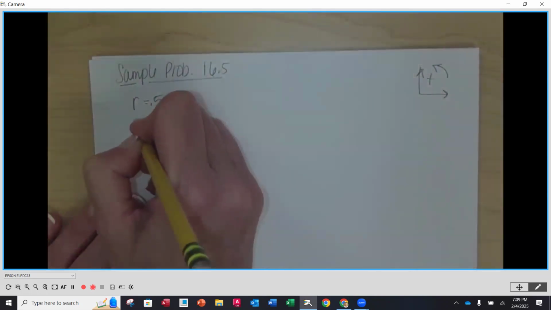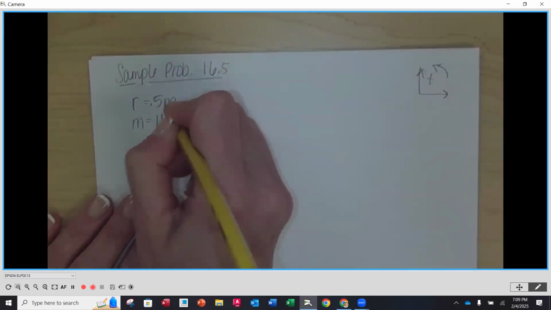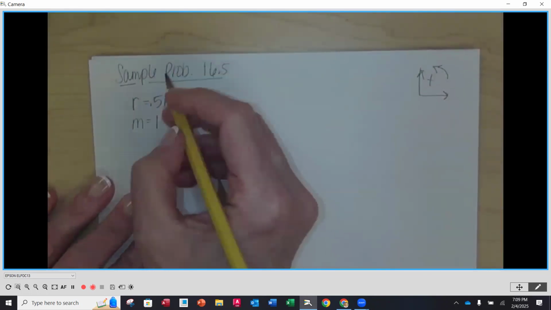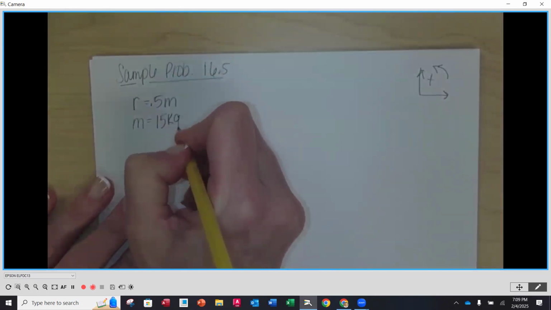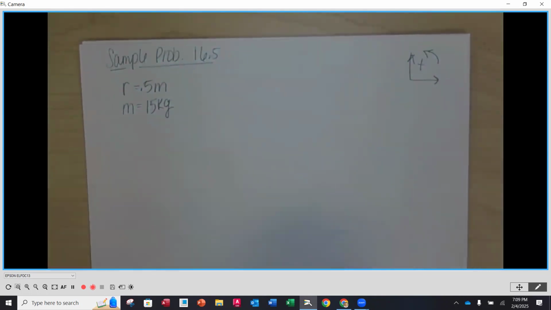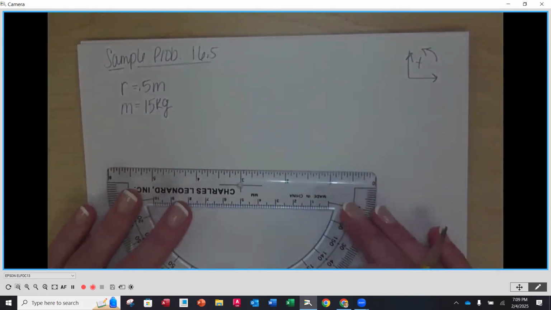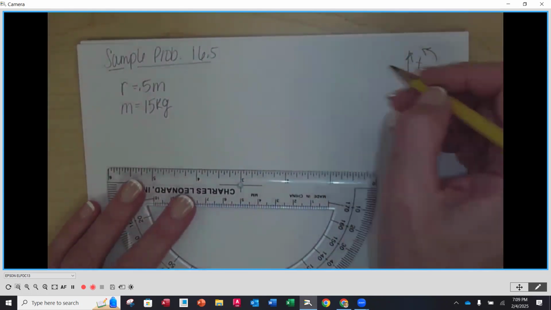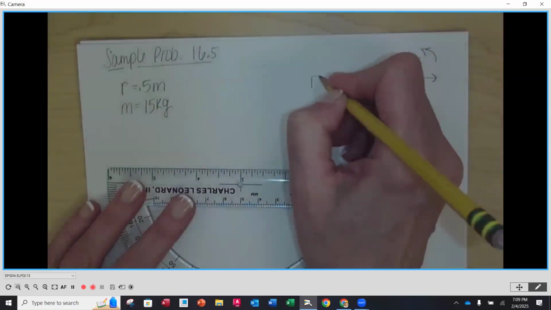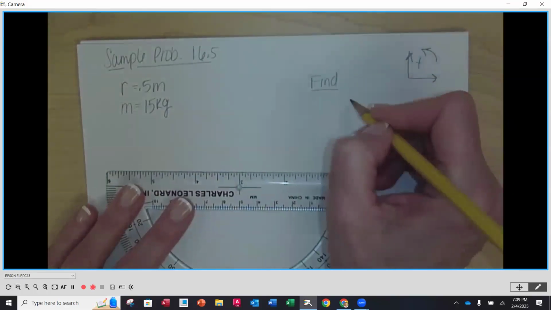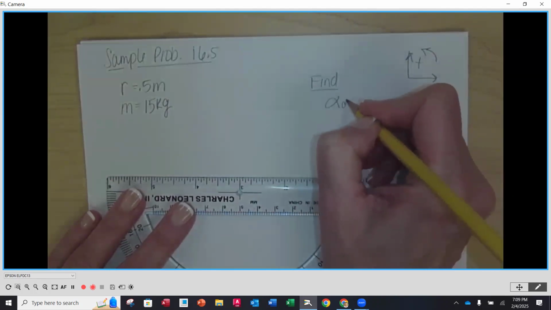They also told us that the mass of that disc is 15 kilograms. Now, using that same formatting that I did previously, instead of drawing the circle, I should do my finds over here. I'm going to find the angular acceleration of the disc.